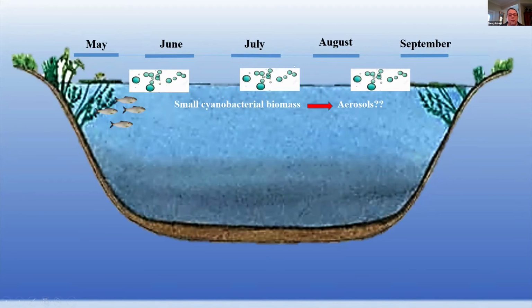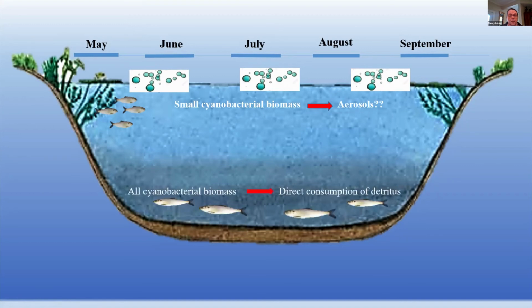Well, we know that we have an increase in the amount of small cyanobacterial biomass. And whether that is contributing to the aerosols, we're not really sure at this point how much that contributes to the process of aerosolization, but we are hypothesizing that it does affect it.